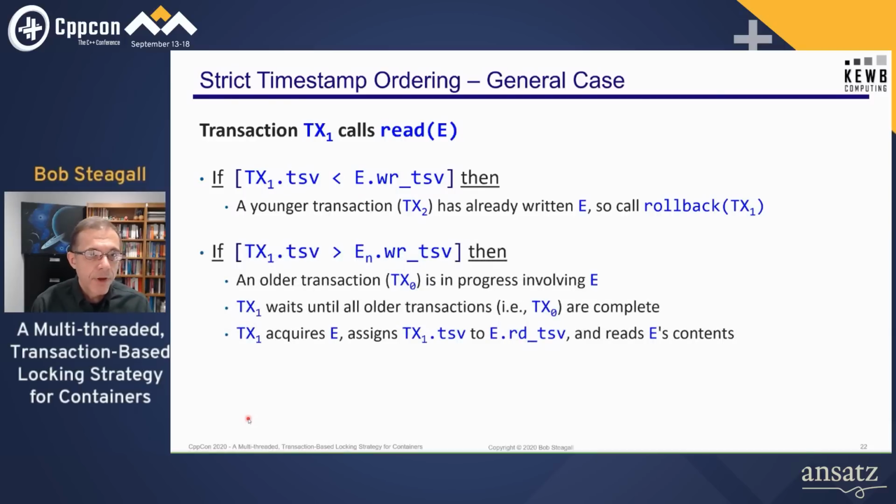If the transaction finds that its timestamp is older than the last write, that could possibly mean that an older transaction is in progress. So transaction TX1 will wait until all the older transactions, in our example here, TX0, are done. Then TX1 will acquire the element, it will assign its timestamp value to the read timestamp, and it will read E's contents. It then releases E and goes on its way.